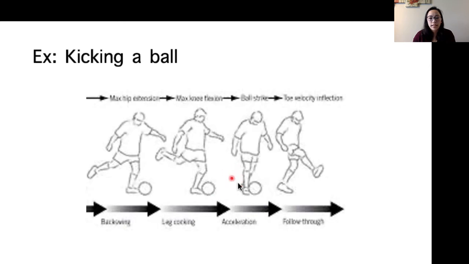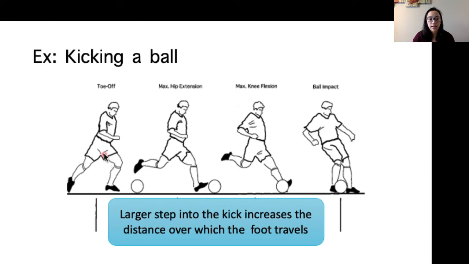So in this instance, if they're just going from standing, their range of motion is a little bit limited to the peak of the backswing. However, if we added a preparatory step, so running into the kick, we have now lengthened the distance, and now our swinging leg has a longer trajectory, because this front leg is out further.